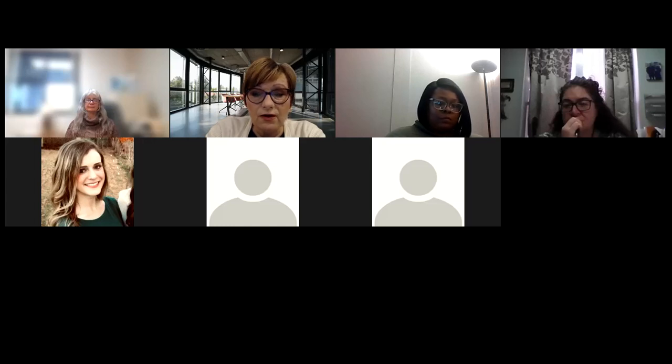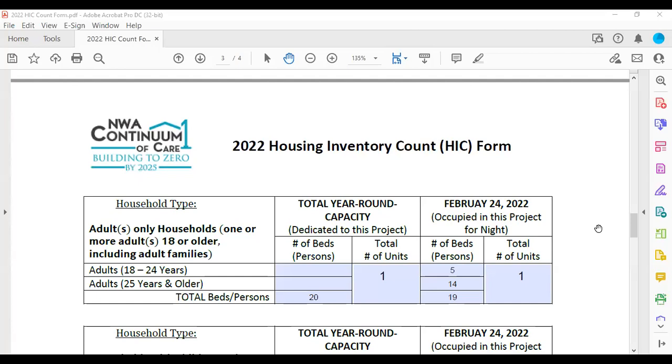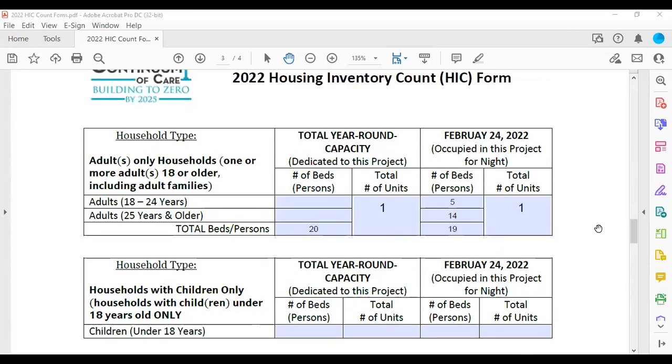One thing that kind of tripped me up on that form is where it talked about the housing type. It was like at least one adult and at least one kid, and then below that was only adults. And we're not set up that way. If you're a victim and you have kids, come on in. And if you're a victim and you don't have kids, come on in.